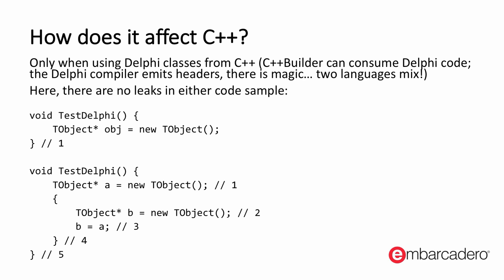The variables B and A now both point to the same object, so that object has a ref count of 2. At 4, B goes out of scope, so the ref count is decremented to 1. At 5, the last reference to the object, A, goes out of scope, so the object is deleted. Despite how it may appear in normal C++, here with ARC there is no memory leak.